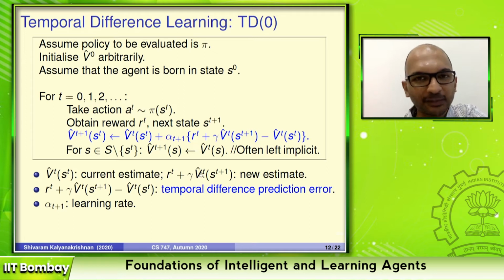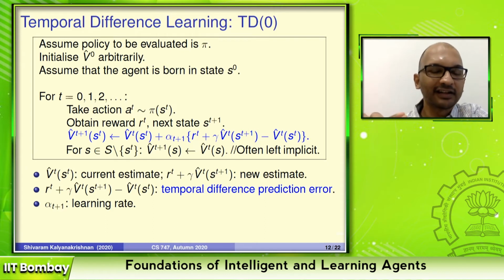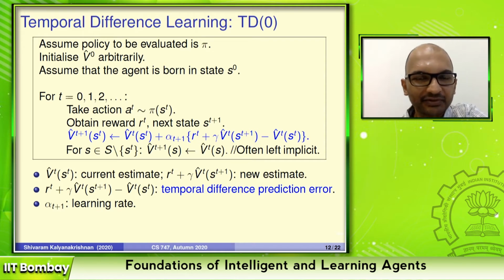That's a long-term reward of VT of ST plus 1 times gamma plus RT. So this is our new estimate, okay? And this new estimate is available because we have this one new transition. So one unit of time has elapsed on account of which we have new evidence.